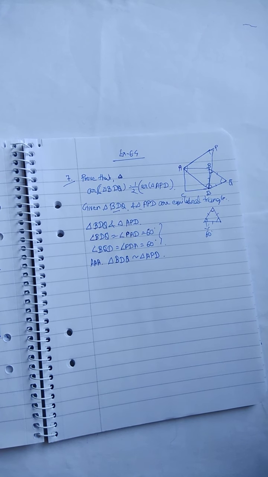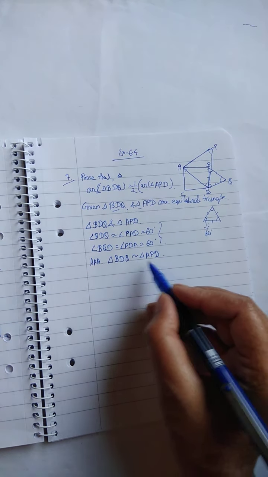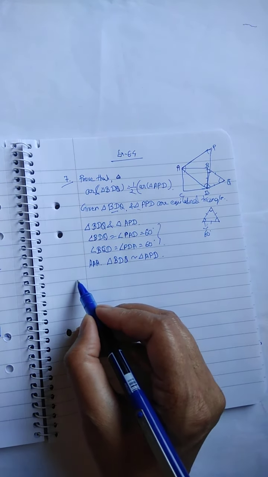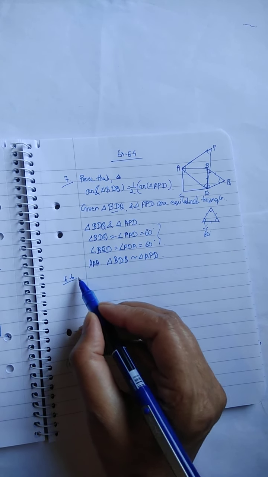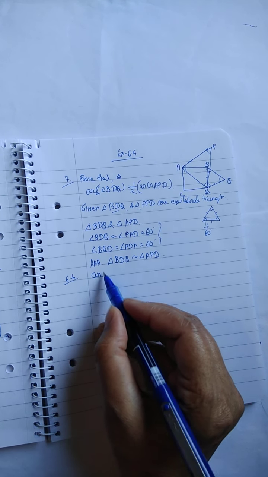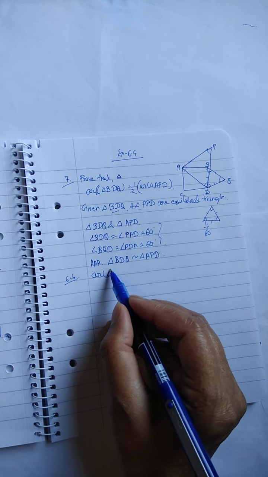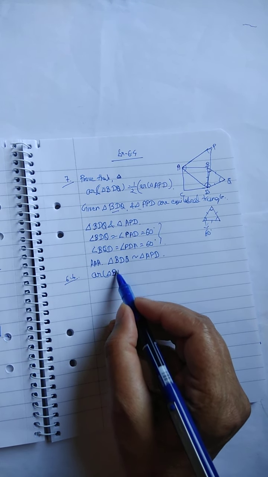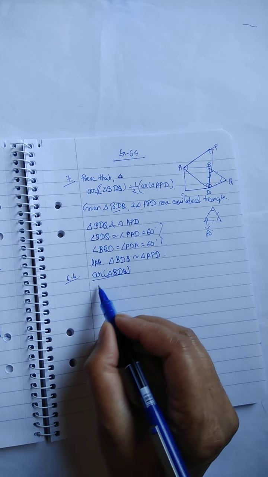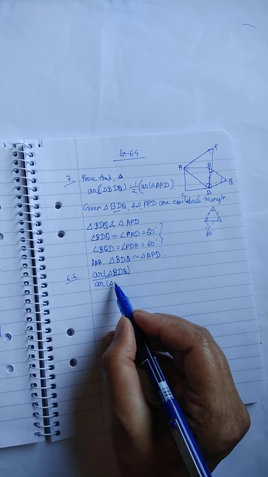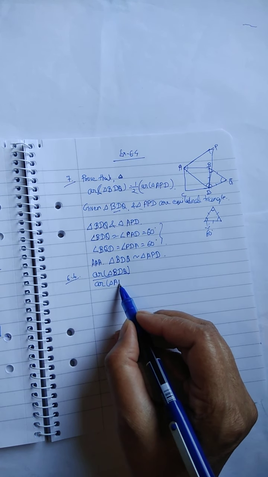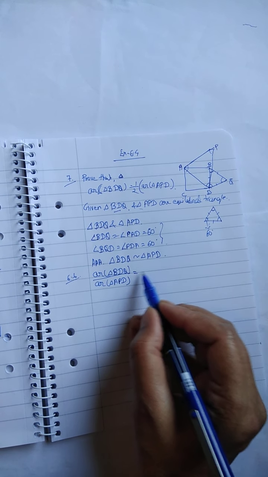Now if two triangles are similar, from theorem 6.6 we can say the ratio of area of these two triangles, BDQ by area of triangle APD, equals what?